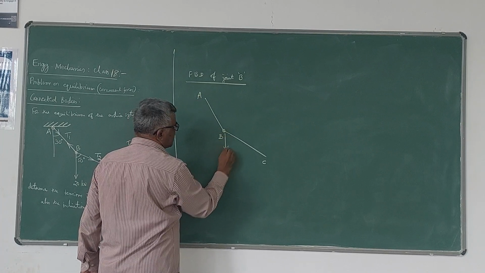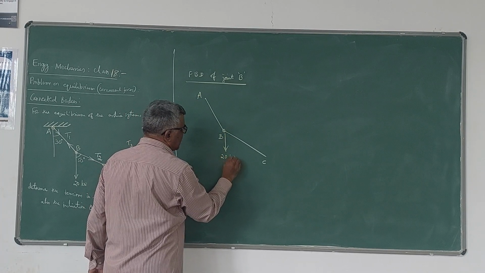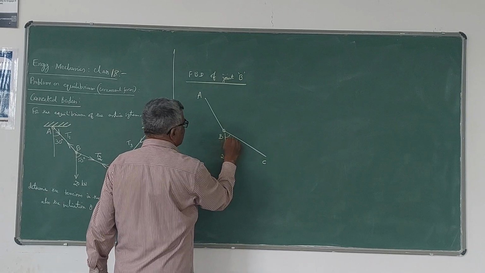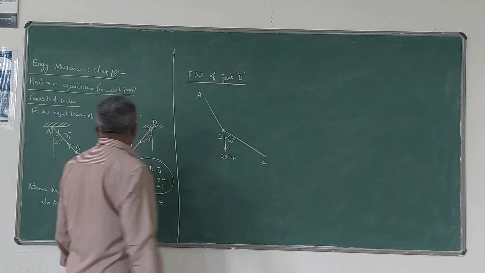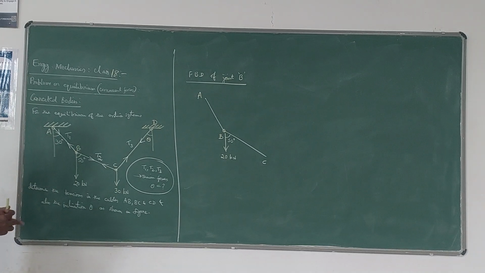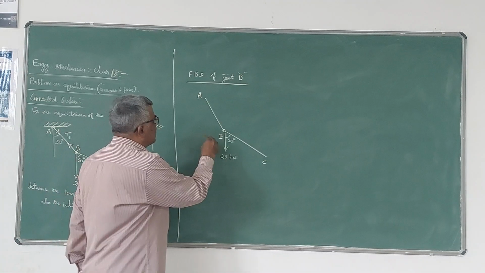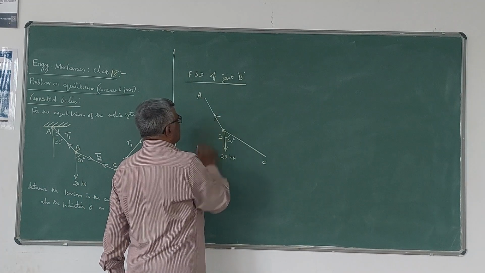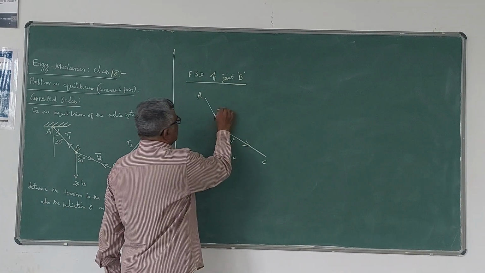At joint B, there is a force given, 20 kN, and the angle given is 50 degrees. So this is the force acting at B. Now we have to take the tension forces also at B. So at B you have forces away from B, T1 and T2.